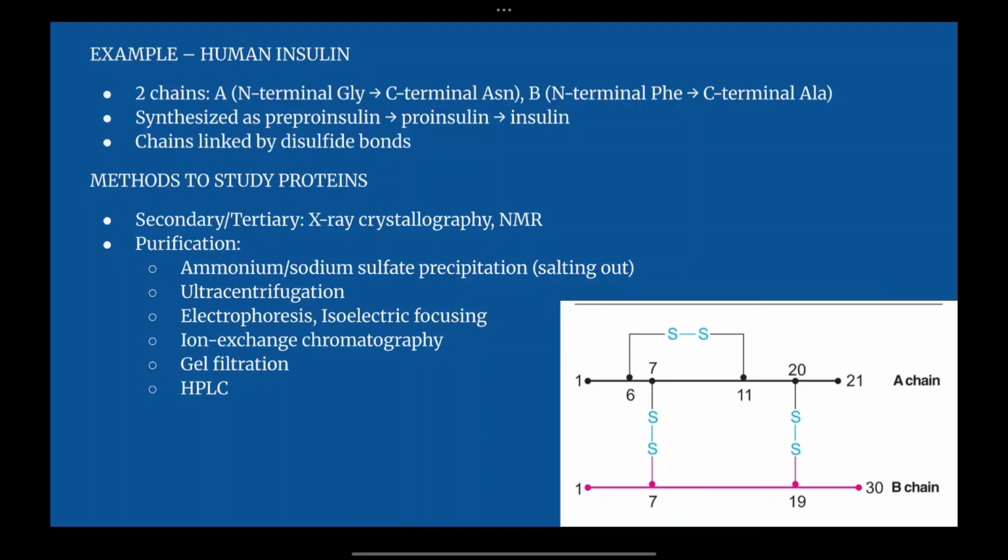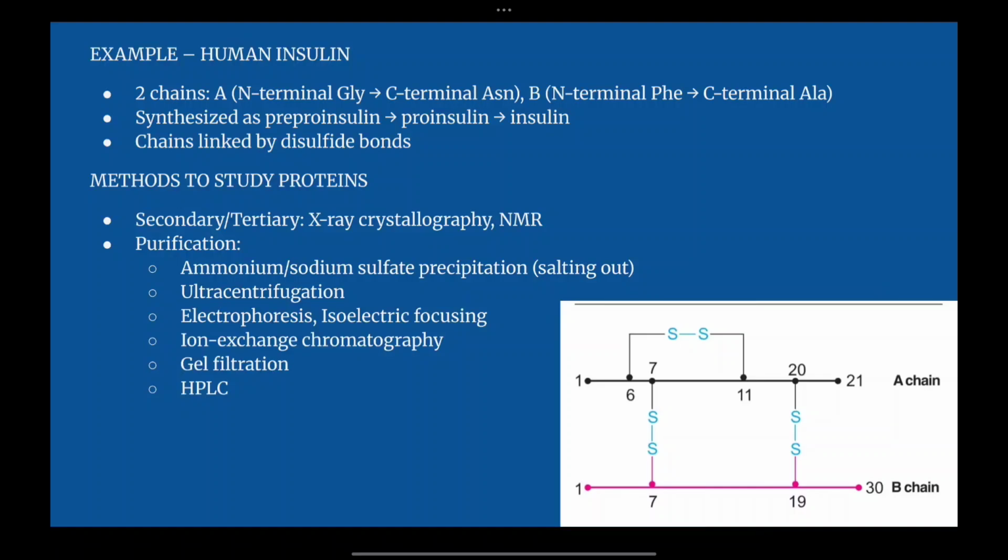Now electrophoresis is another method wherein you put the protein onto the isoelectric focusing, wherein the electrodes differentiate the different proteins based upon the charge or the weight of the proteins. Now ion exchange chromatography is another method.